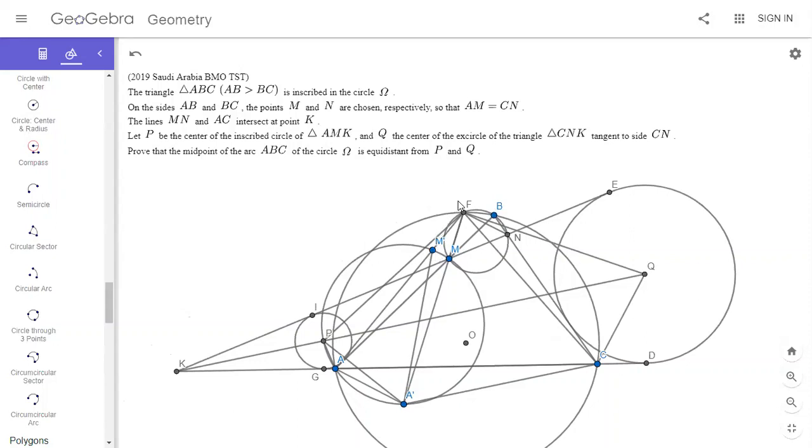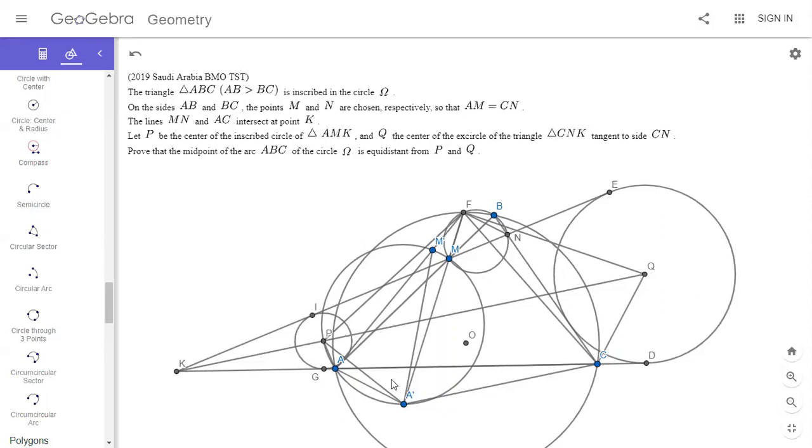So yeah, I want to show FPA prime is congruent to FCQ. And now that I know, so I'm guessing this is probably cyclic by an angle chase. We know A prime MM prime is cyclic because it's an isosceles trapezoid, but the fact that P lies on it, I would guess is probably just an angle chase.